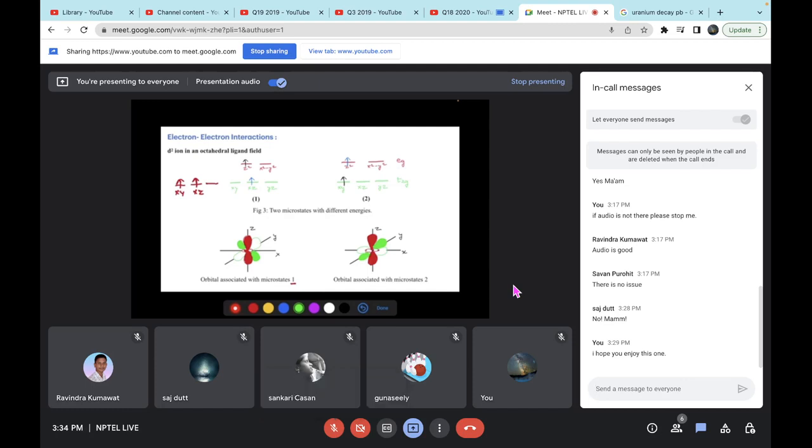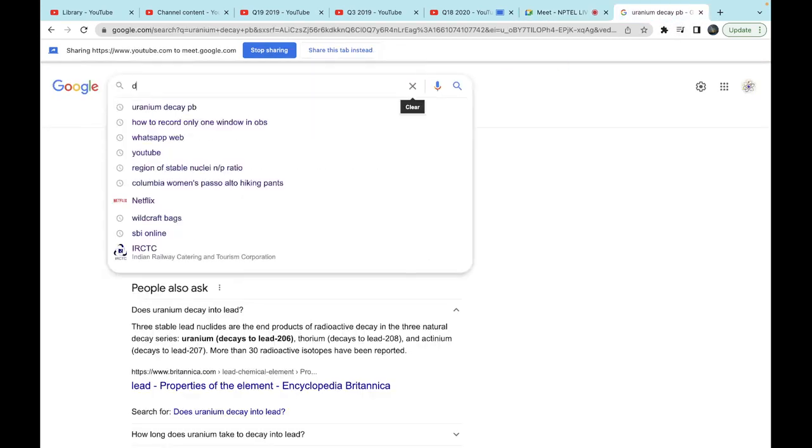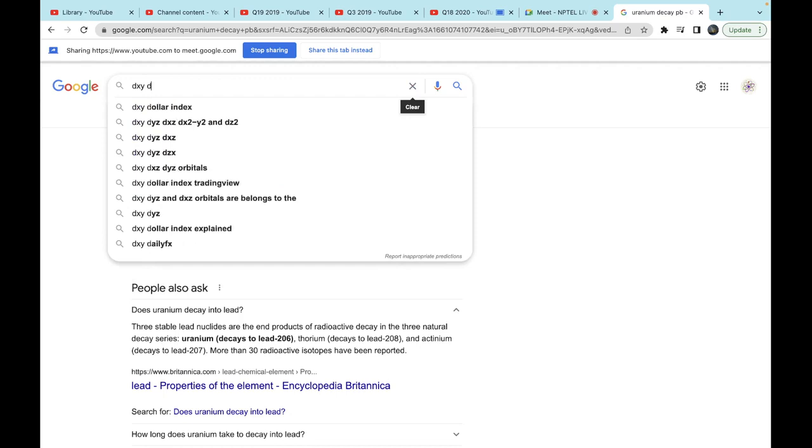So the complex that we observe to depict these transitions will absorb different wavelengths of light, and this is actually in contrast to what ligand field theory predicts.